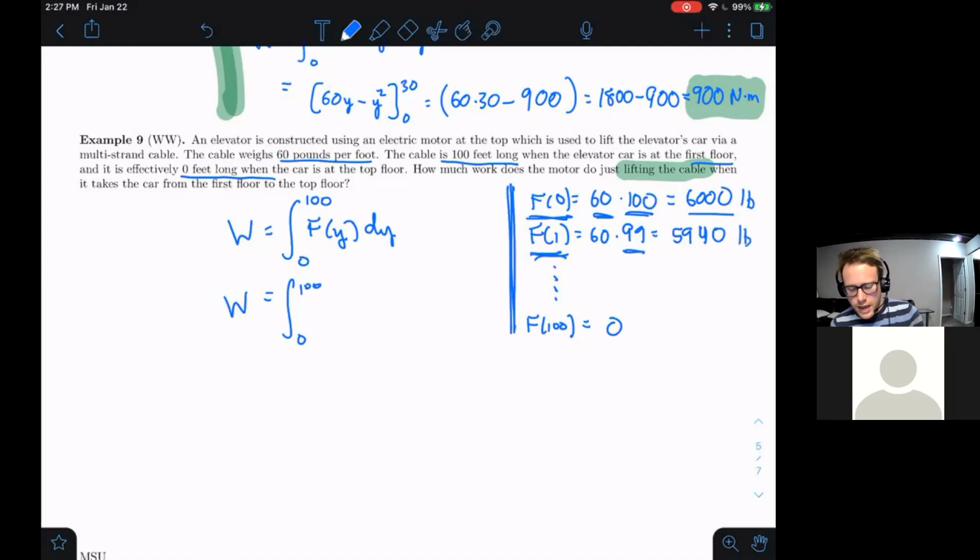And so you're going to have 5,940 pounds. So on and so forth, all the way down to once you've lifted up all 100 feet of cable, there's going to be 0 pounds of force left over, right? There's going to be no cable dangling. And so if you do a similar setup to last time, this is going to be 6,000 minus 60 times y, times how much you've lifted up. That's going to be your general force equation.